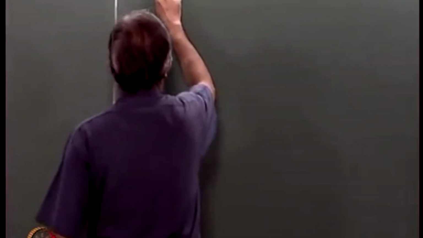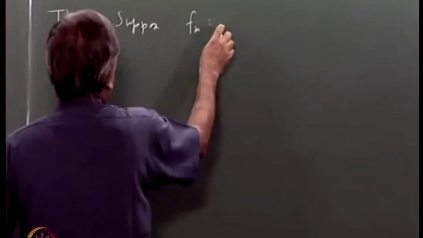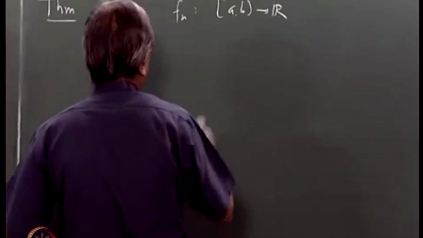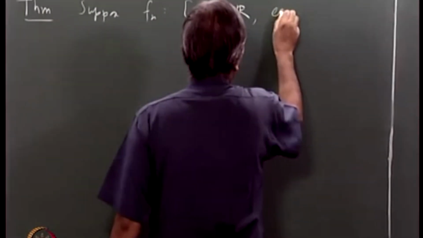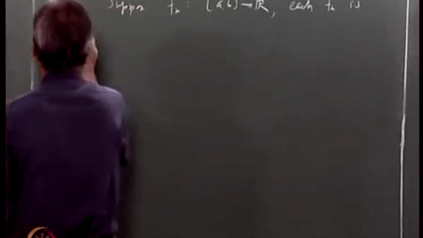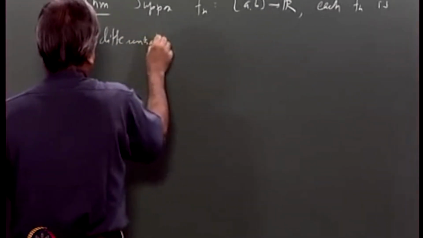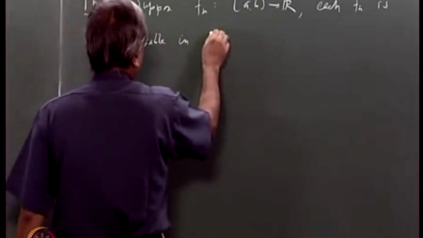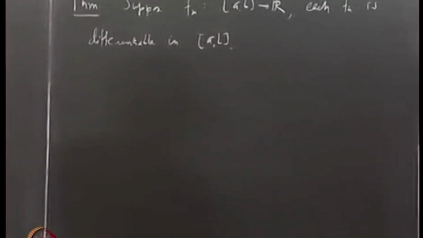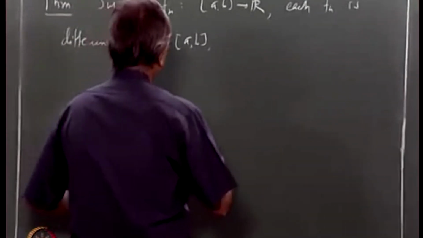The theorem is the following. Suppose fn are functions from [a,b] to R, each fn is differentiable in [a,b], and as far as the convergence is concerned, we will say two things.